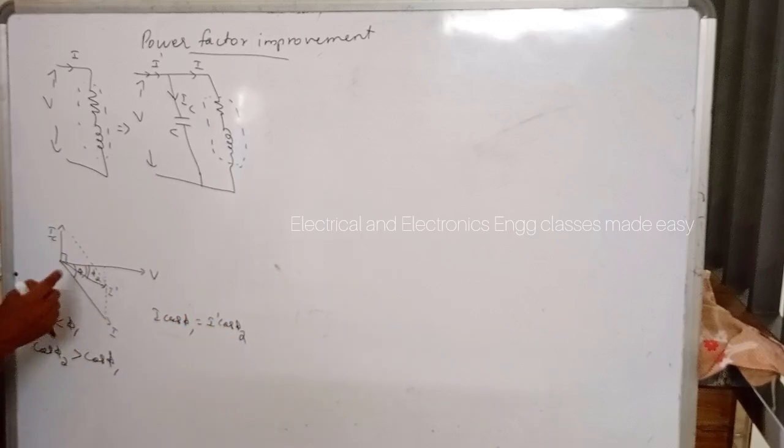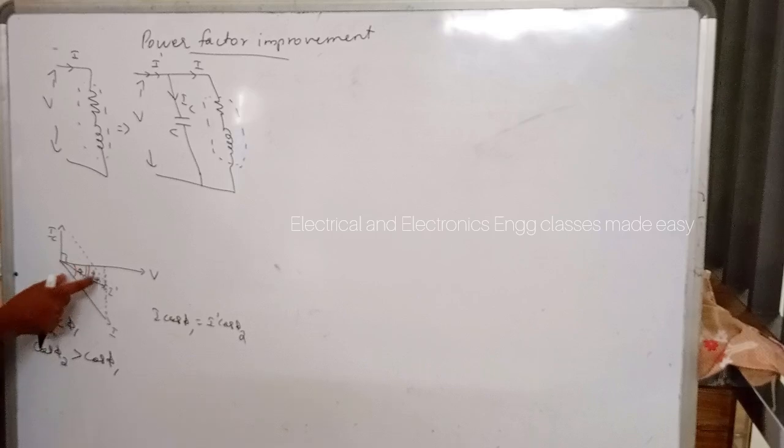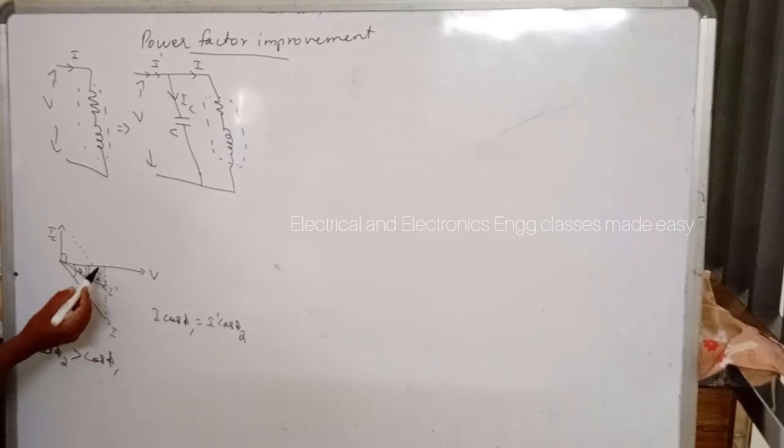These are equal, because the active or wattful component of the current is the same before and after power factor correction. I cos phi 1 is equal to I dash cos phi 2. And then the reactive component: first it is this one, and after power factor correction it is this one.